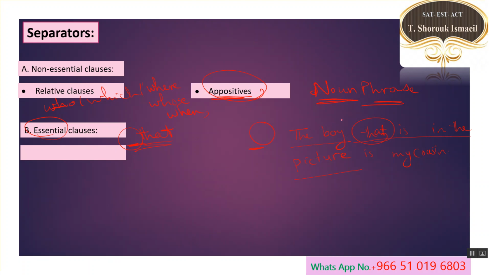Which boy are you talking about? There will be ambiguity, or it's going to be vague. But if you have it here, "that is in the picture," it gives you a definition for which boy you are talking about: is my cousin. So here you notice that there are no commas before or after the essential clause.